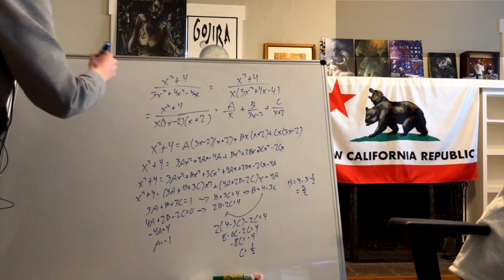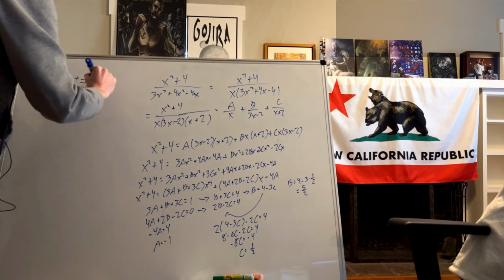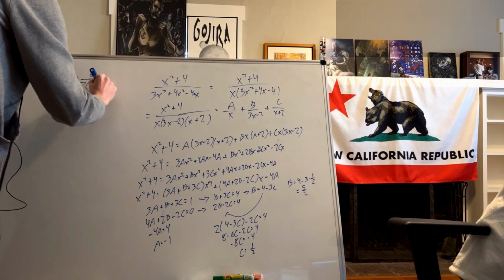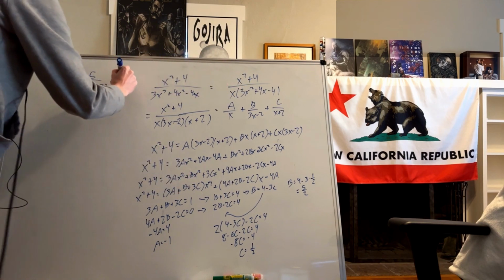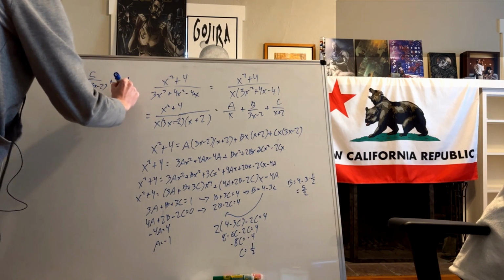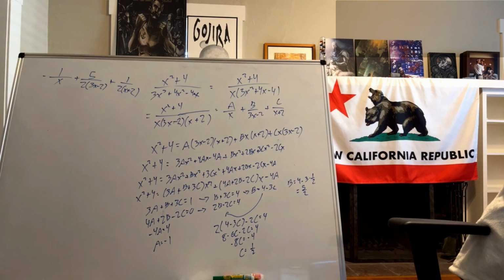B is 5 over 2. I'm going to write the 5 on top, the 2 on the bottom. 3x minus 2. Plus c was 1/2, so I'm going to write the 1 on the top, the 2 on the bottom. That is our partial fraction decomposition for the example problem there.